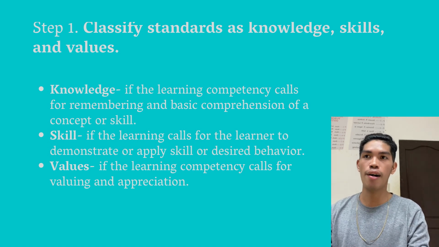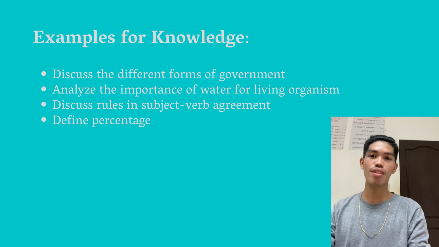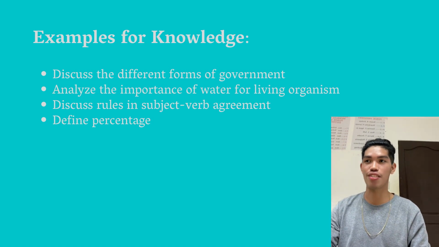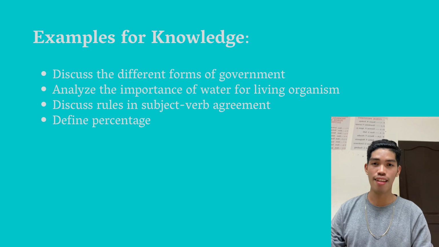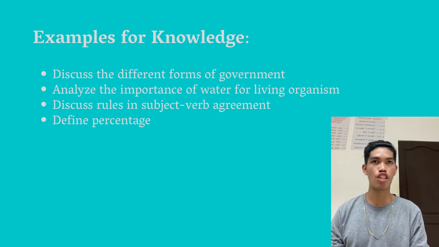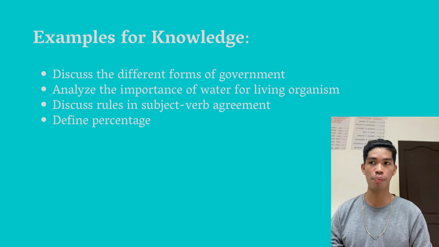There are different examples that we can demonstrate, and here are the examples for knowledge. First, we have discuss the different forms of government. This example belongs to knowledge because it will give us an insight, a concept, or a skill about the different forms of government.